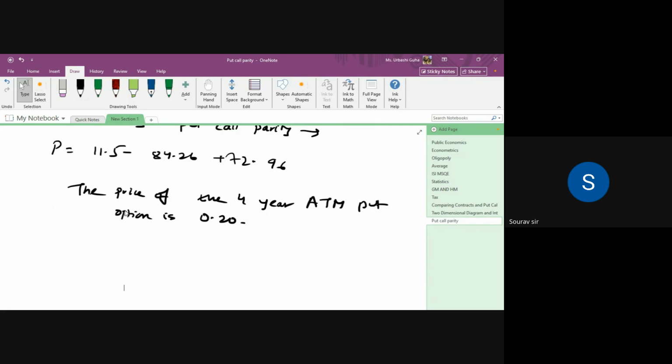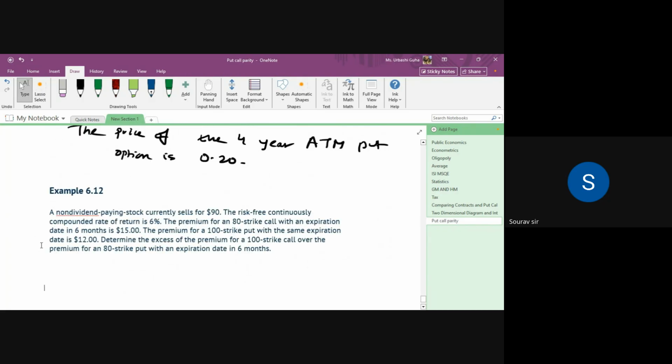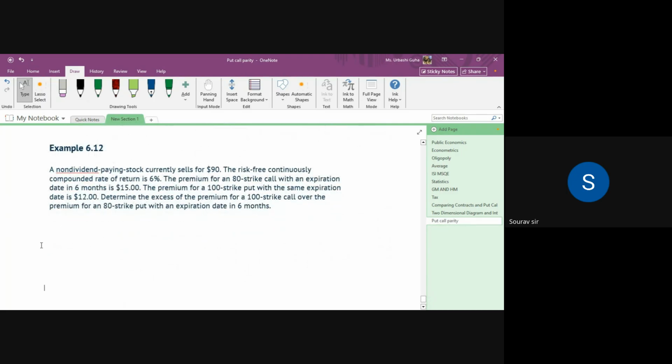Okay, this is good. Now next we again have a question. A non-dividend paying stock currently sells for $90. Now the risk-free continuously compounded rate of return. So here we have to determine the excess of the 100 strike.